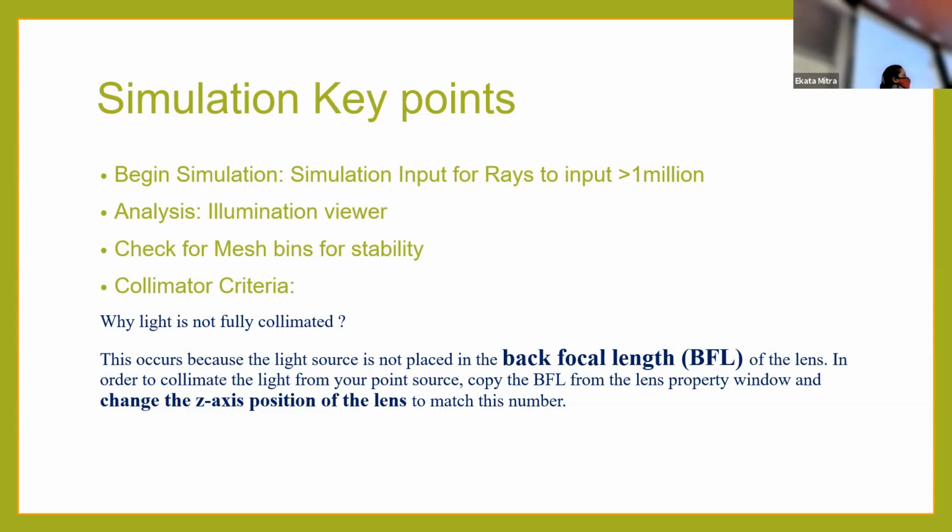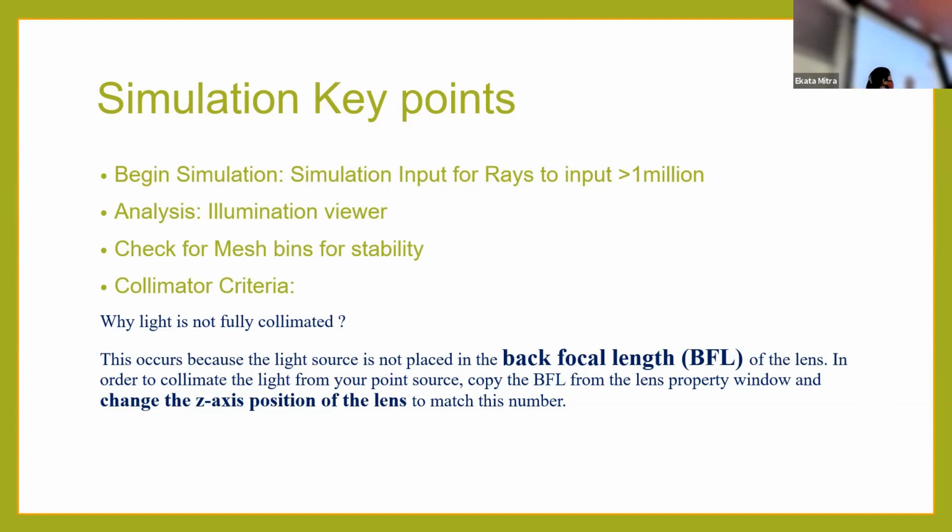If we are just making it randomly, placing the detector and the light source and trying to get some result, in the first go we get some result, but it is not at the focal point. So what we have to do is change the position of the detector, right? We keep the source constant, keep our lens constant, and change our detector.